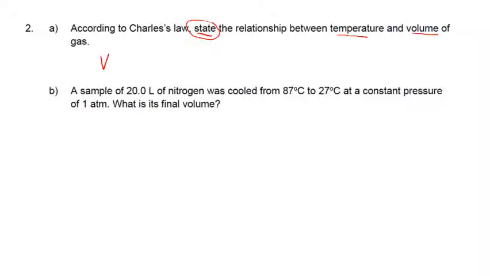So the volume of the gas is directly proportional to the absolute temperature at constant pressure and amount of the gas. Okay, so you must write it in sentences. Then next, continue with question number B.